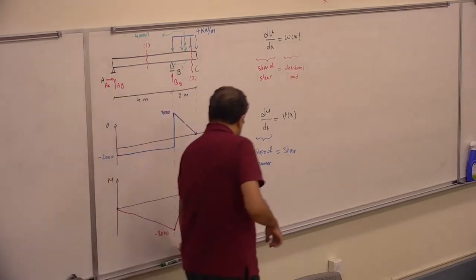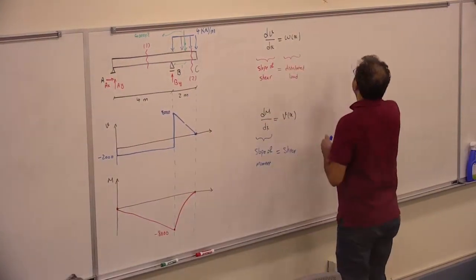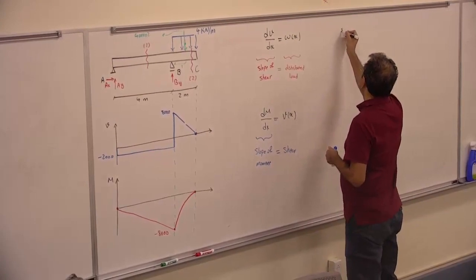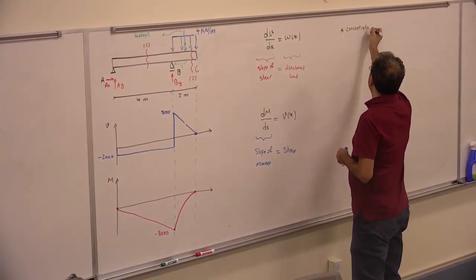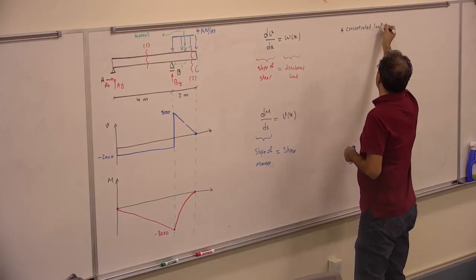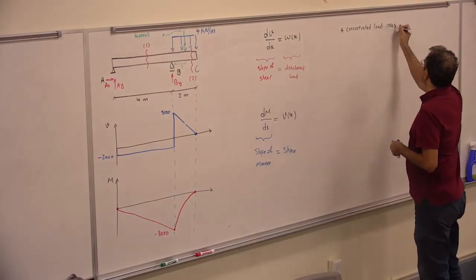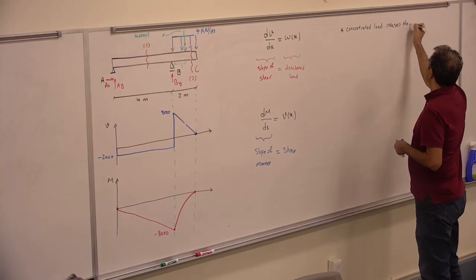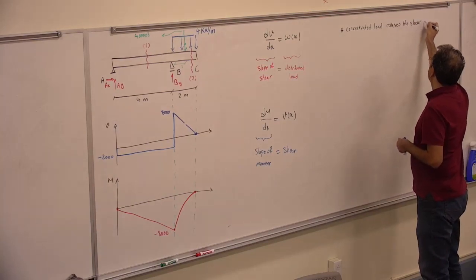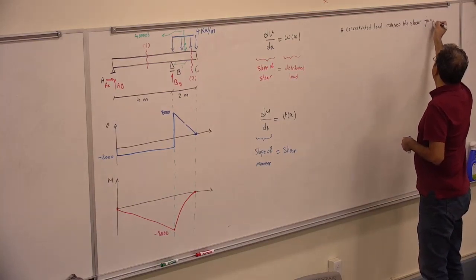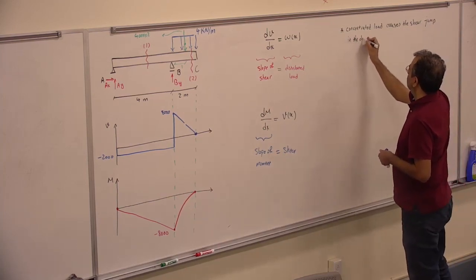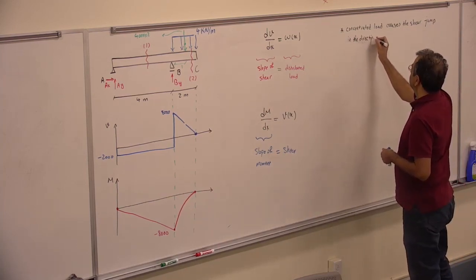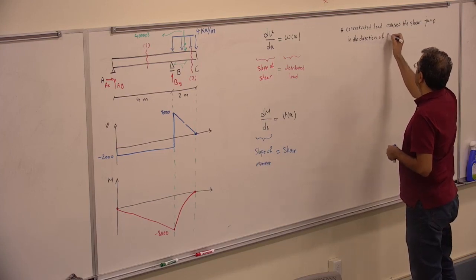A couple of points. Concentrated load causes the shear to jump in the direction of the load.